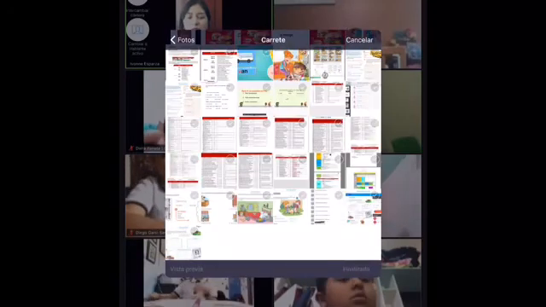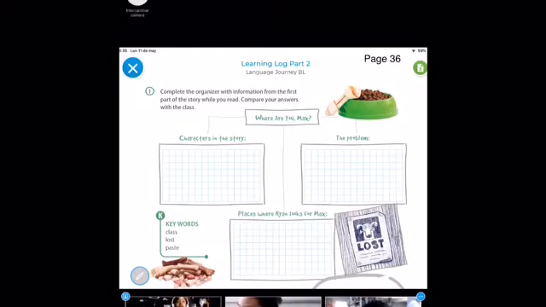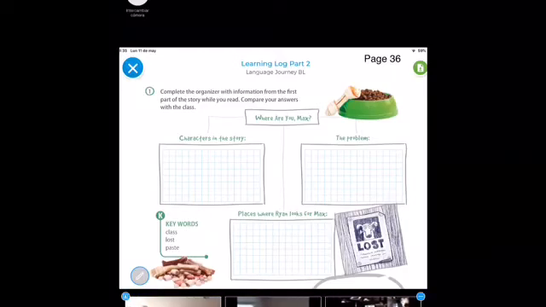Activity number 1. It says, complete the organizer with information from the first part of the story while you read. Compare your answers with the class.